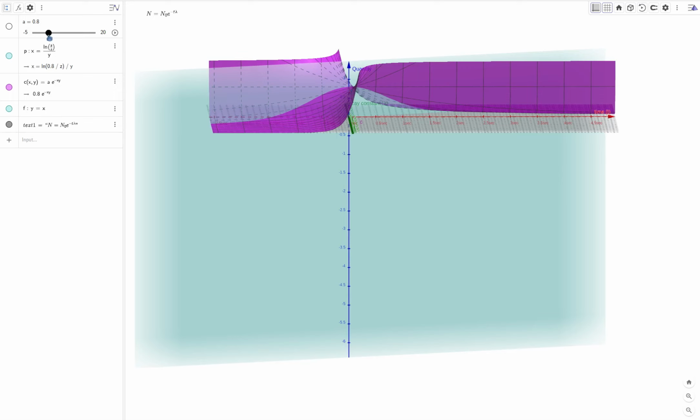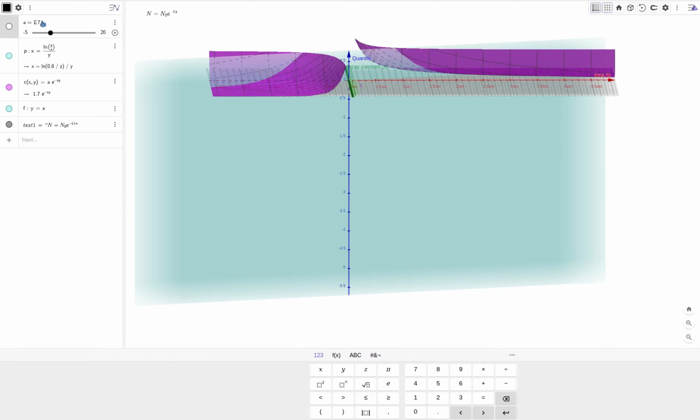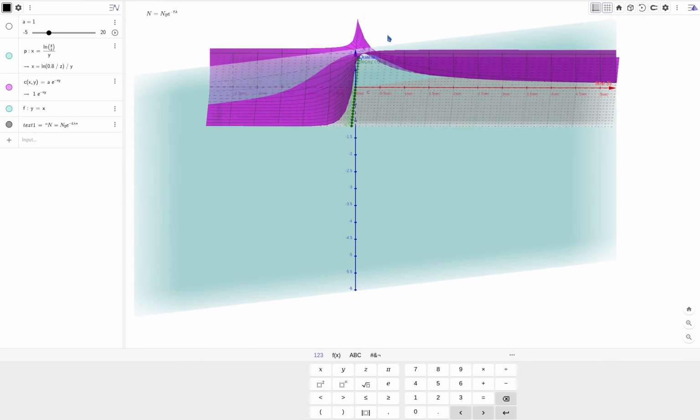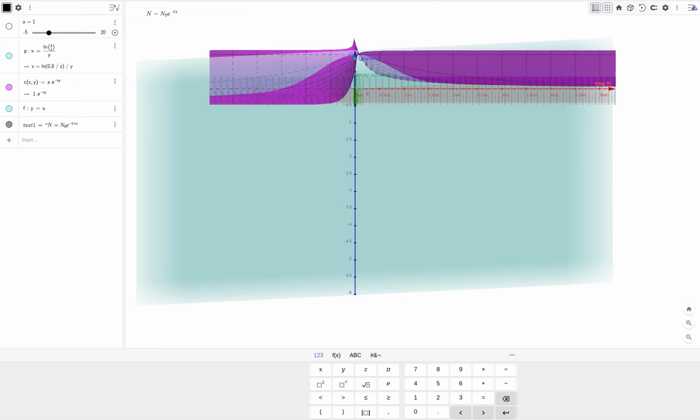Now, in fact, what we can do is increase the amount that we start with, let's increase it to say 1. Okay, so we're just going to zoom out a bit, there we go. So as you can see, you just get a slice right through 1, right at time 0.